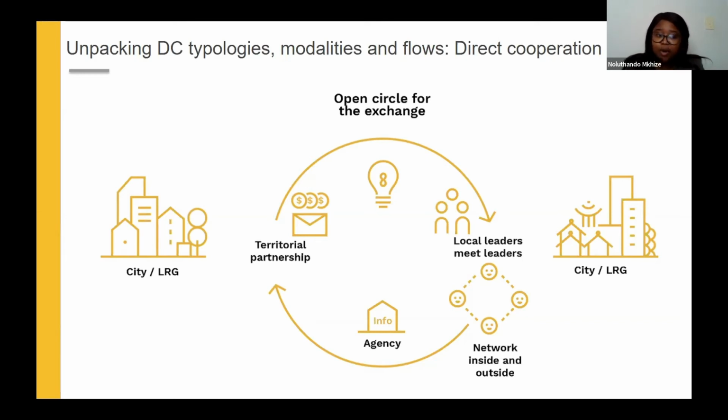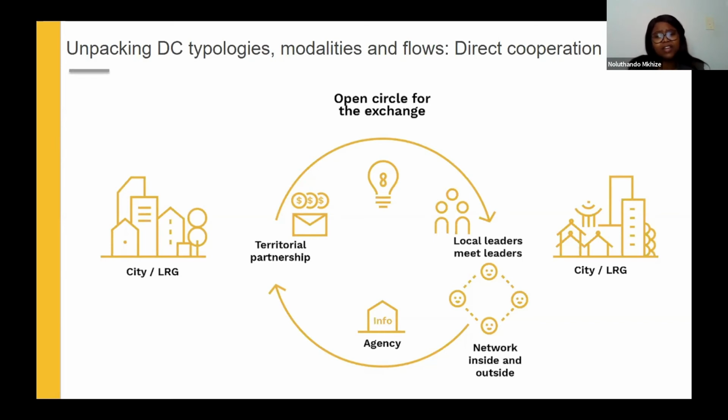And then territorial partnership refers to the creation of structured bilateral and multilateral horizontal relationships between the local and regional governments. It also reflects the Busan principles and fosters exchange of knowledge, expertise, and shared innovation. And it's also focused on reinforcing the local strategies.